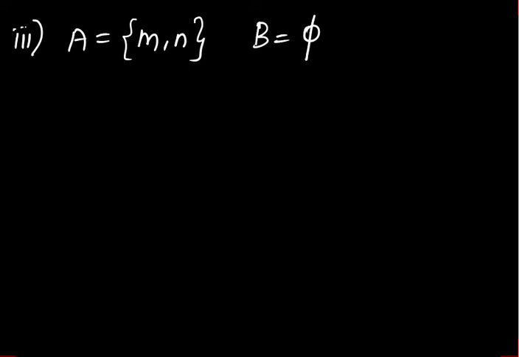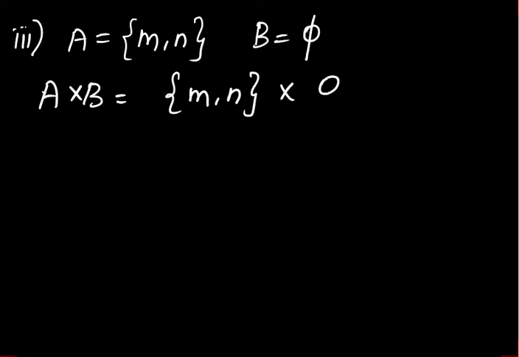For the next question, A value is m comma n and B value is phi. First we'll find A cross B. A value is m comma n cross B value is phi. When you cross elements with a phi, you will get the null set.